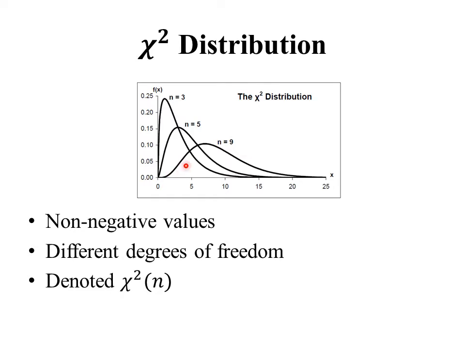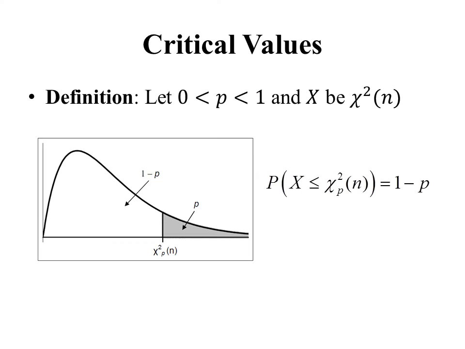Notice that they kind of have a bell curve shape, but they're skewed in one direction and they only have non-negative values. So a random variable with a chi-squared distribution is denoted by this notation, chi-squared of n, where n denotes the number of degrees of freedom. Now, associated with the chi-squared distribution are critical values.